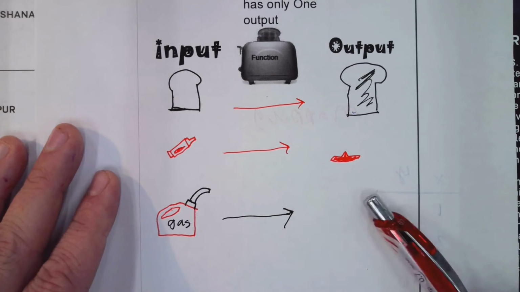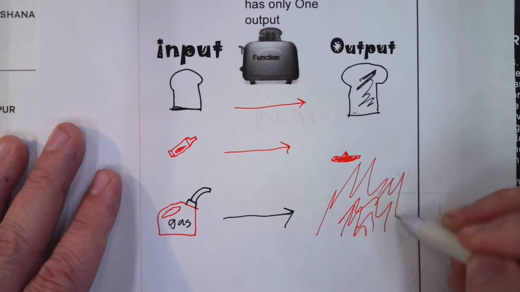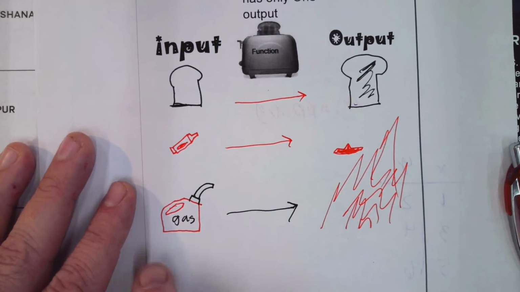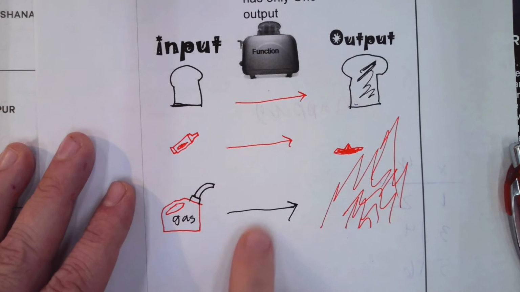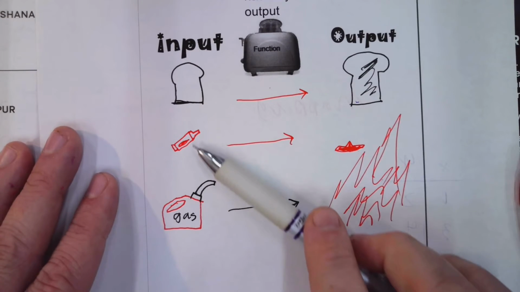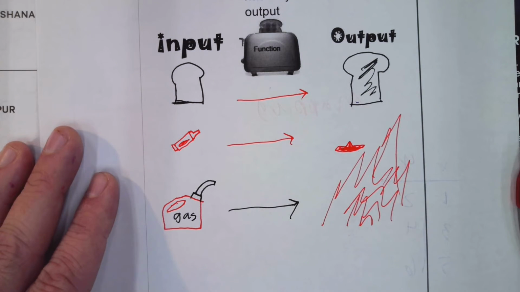What's the output? Fire. An insurance claim. Okay. So, yeah, you can do it. It's not a good idea, but the toaster will do its job. It will set it on fire. Okay? All right, probably not the best idea to put a crayon or a gas can in a toaster. Probably bread's okay.